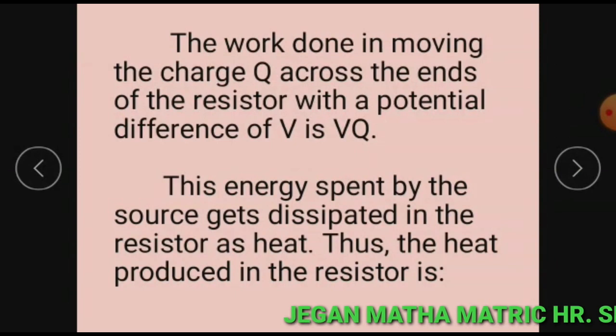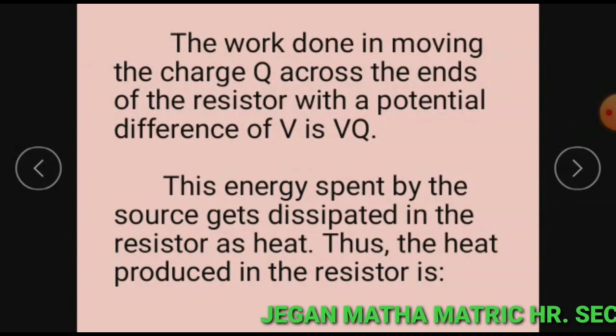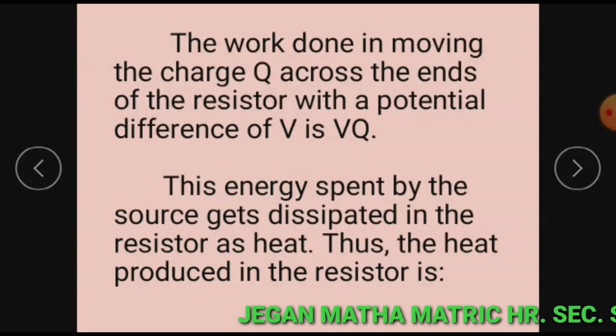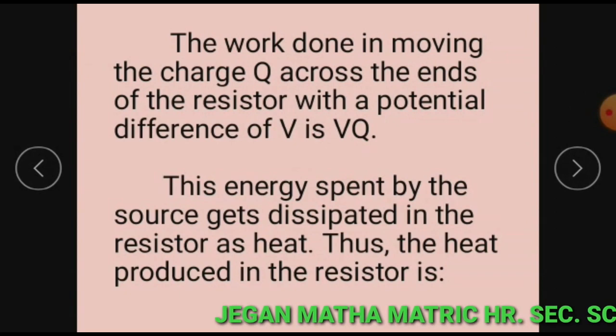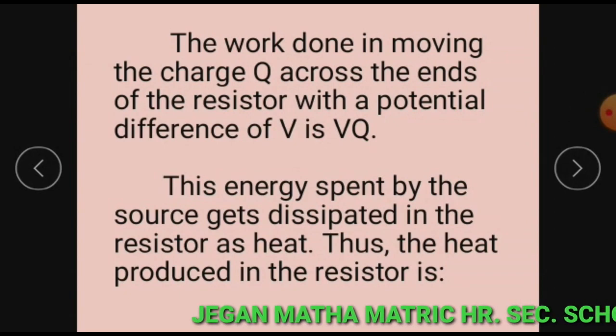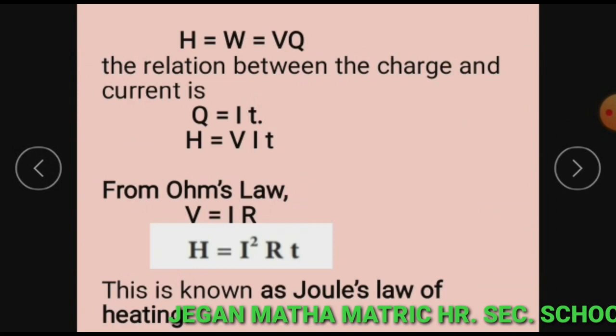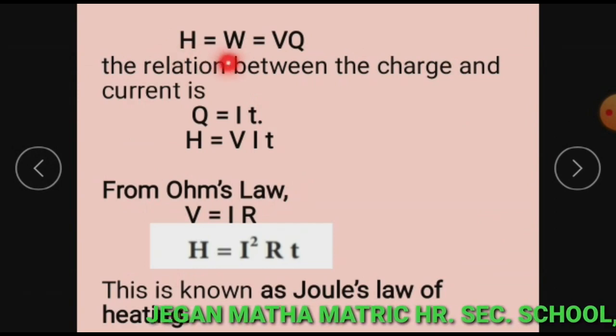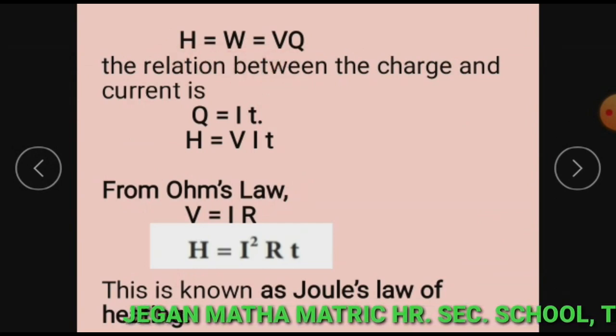This energy spent by the source gets dissipated in the resistor as heat. So the heat produced in the resistor is H equal to W equal to VQ.